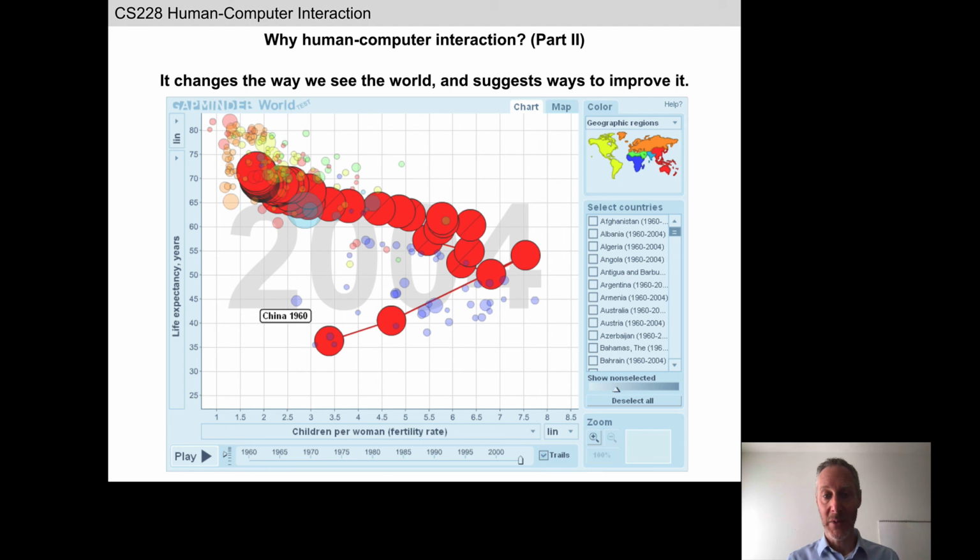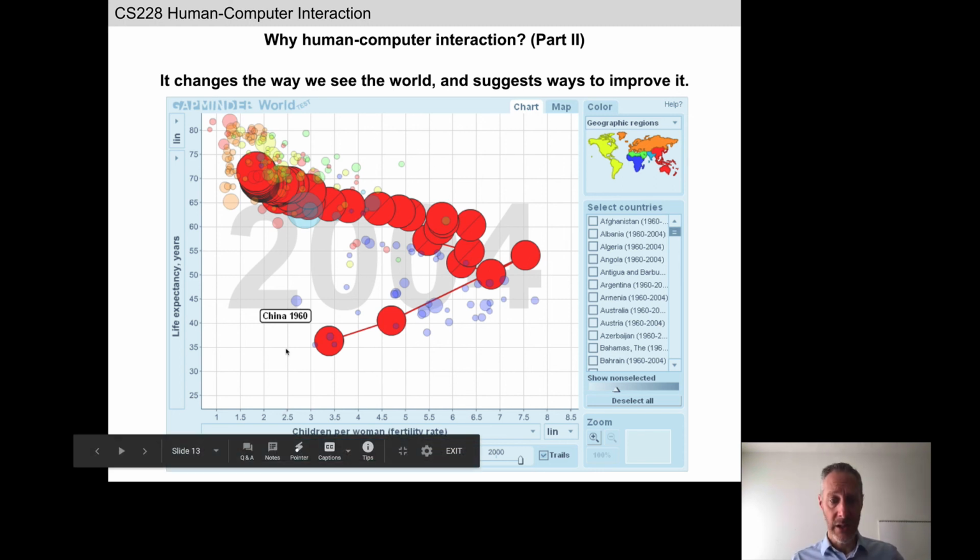Here's an example of a particular pattern that you can draw out of Gapminder relatively easily. Again, it's a trajectory of actually two different health indicators for China. Children per woman, fertility rate, how many children are born to each woman, and the life expectancy in years as we saw before.